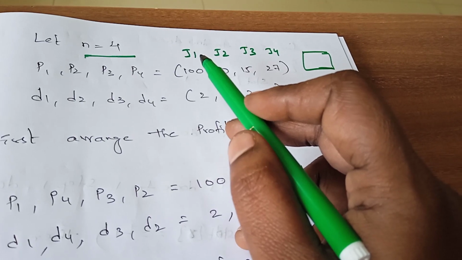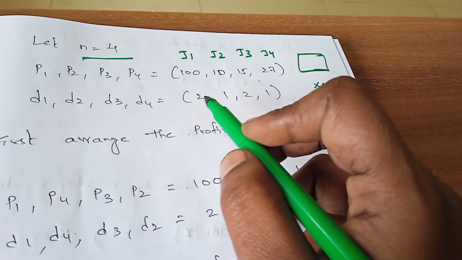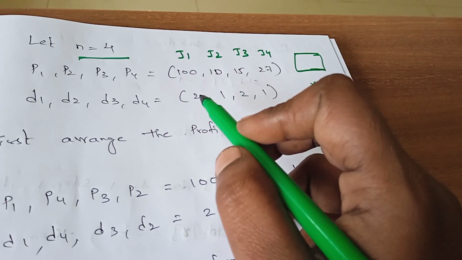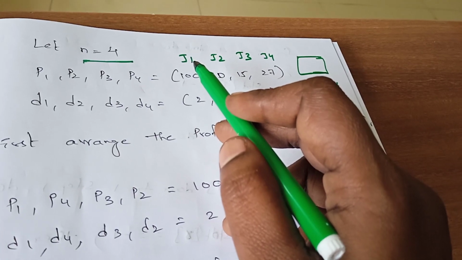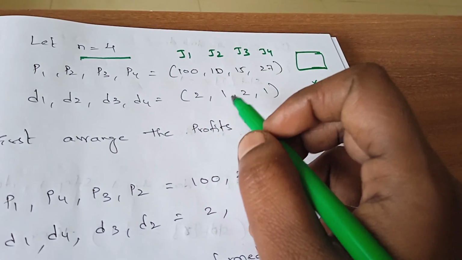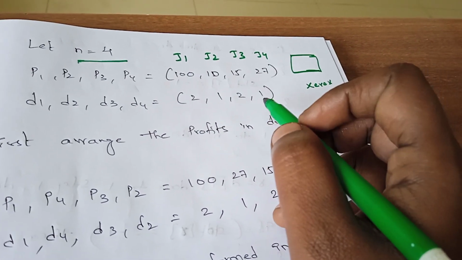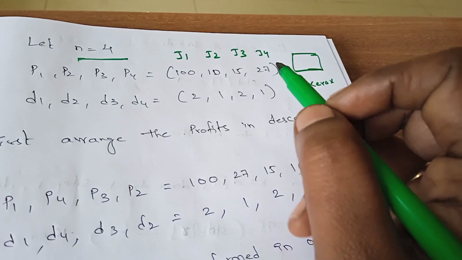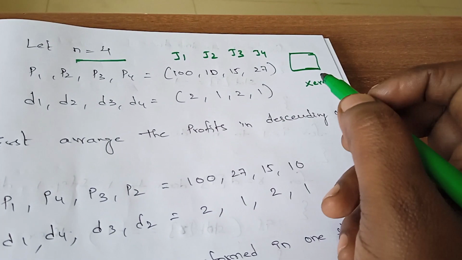Job 1 can be completed within the deadline of 2. Let's suppose 2 hours. So for the J1 task, he'll wait for 2 hours. J2, he'll wait for 1 hour. J3, he'll wait for 2 hours. J4, he'll wait for 1 hour to get their work done on the machine.